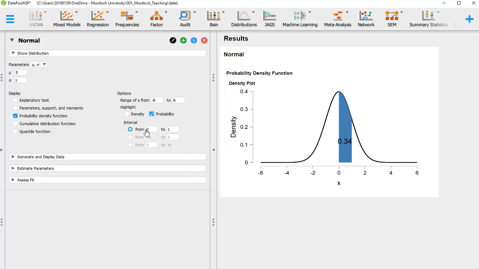Here in the standard normal distribution, when we take values from 0 to 1, the probability that the random variable takes values from 0 to 1 is 34% or 0.34. And if we go from -1 to 0, it should be exactly the same because it's symmetrical.